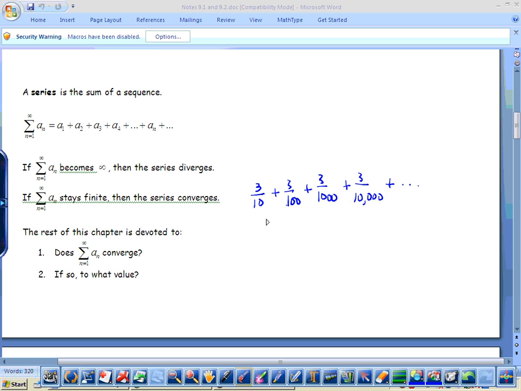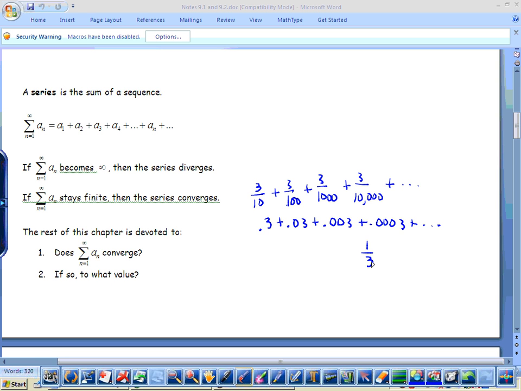All right, well, another way to think of this is 0.3 plus 0.03 plus 0.003 plus 0.0003. And if I keep adding that pattern up forever and ever and ever, what does that add up to be? 0.3 repeating, otherwise known as 1/3.